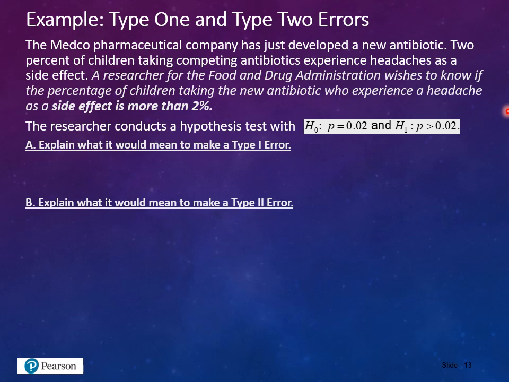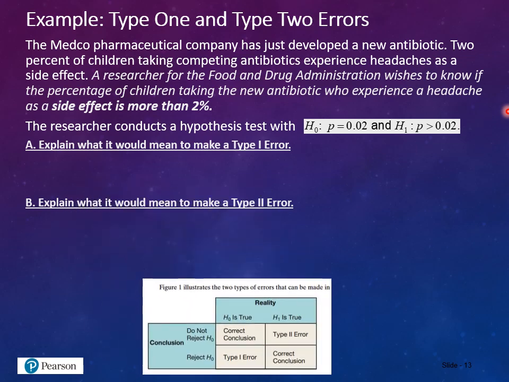This is stating the null hypothesis, which is that the proportion taking the new drug is 2% or 0.02, and that the alternative hypothesis is that the proportion for the new drug is greater than 0.02. Okay, and there's our reality there as well, our table for the type 2 errors, correct or not. I should have left that off actually until the end, but that's okay.